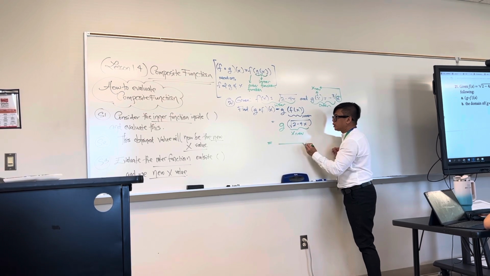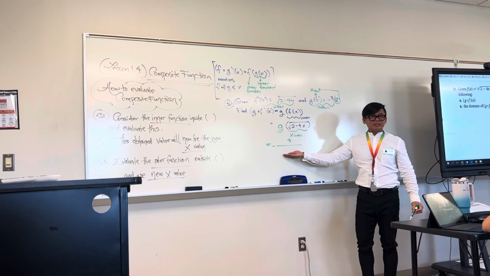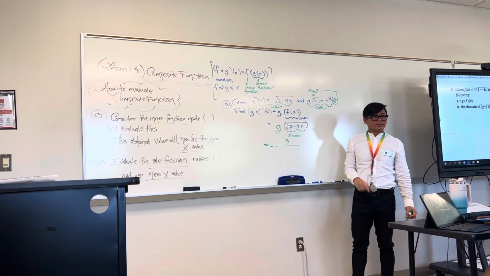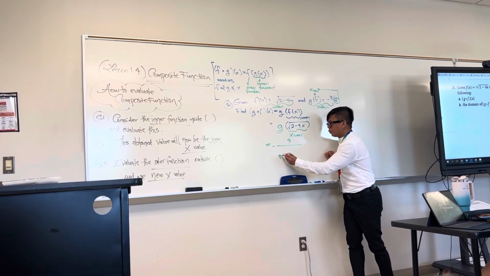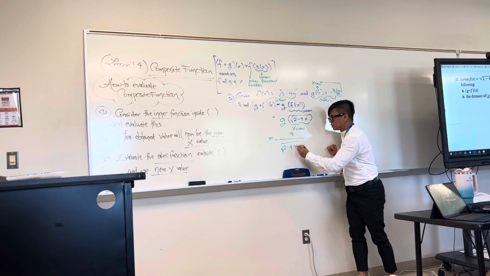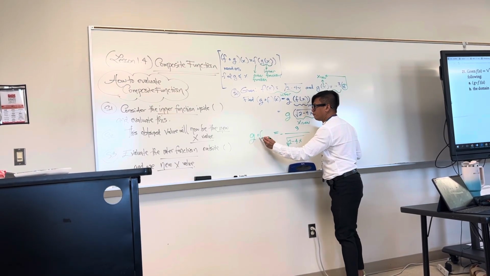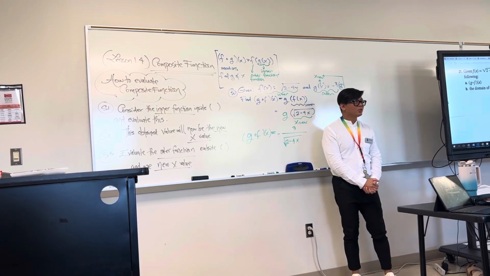What's on the numerator? Still a negative 3. But what is now on your denominator? The x in there will now be your new x. And what's your new x? This entire thing, so square root of 2 minus 4x. And there we go. That will now be your g of f of x. Are we good?